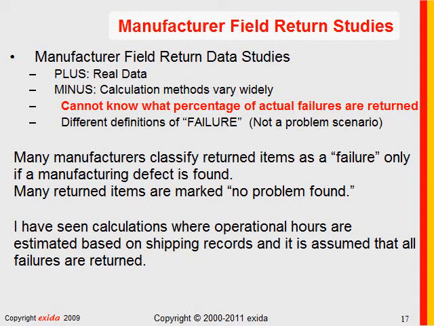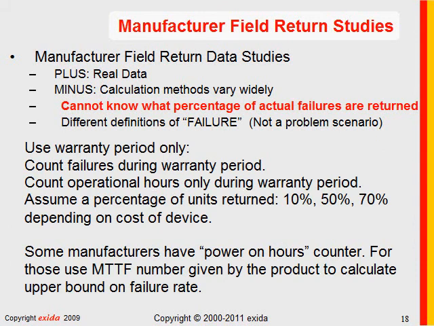And so we have different definitions of failure, different assumptions made, different calculation methods. I find this is a useful source of valuable information, but it is not a useful source of absolute failure rates and failure modes. One way to improve on it, at Exeter we do rough calculations, but we use information only from the warranty period.